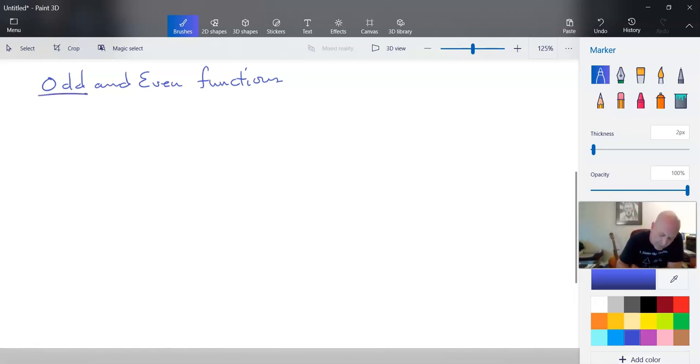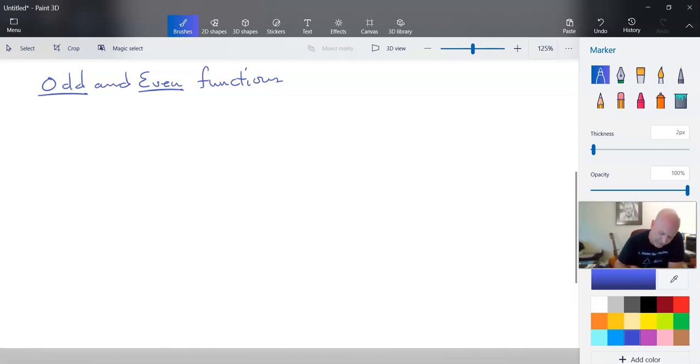What's nice about knowing whether a function is odd or even is it tells us something about the symmetry of the graph. So this actually comes up in trig because sine and cosine happen to be odd and even functions. So, well, with polynomials, there's actually a really simple way to tell whether you're dealing with an odd or an even function. But I'm going to start with the definitions, and then I'll tell you how to tell with polynomials.